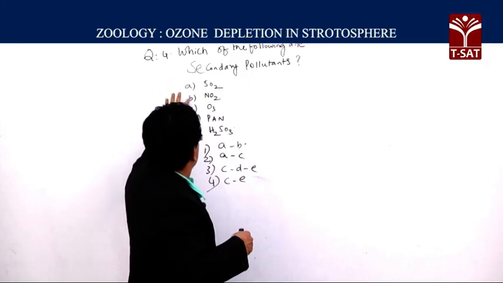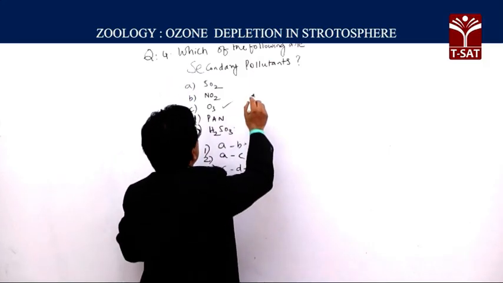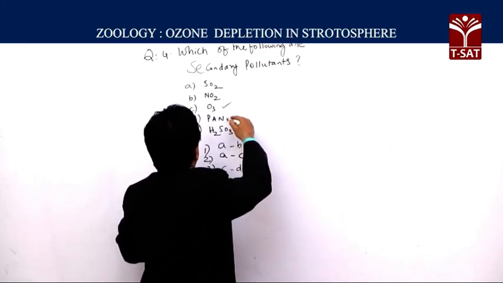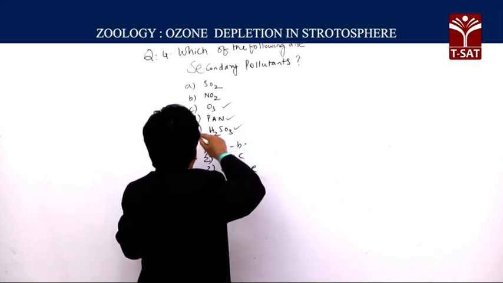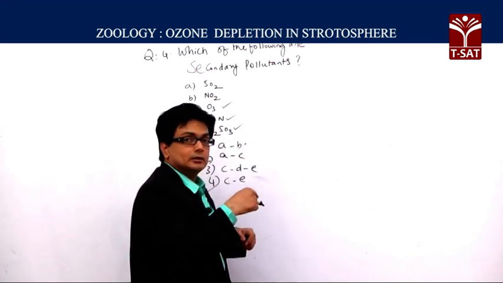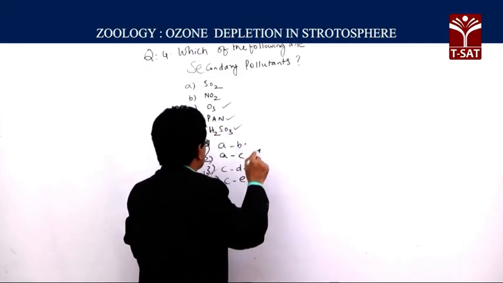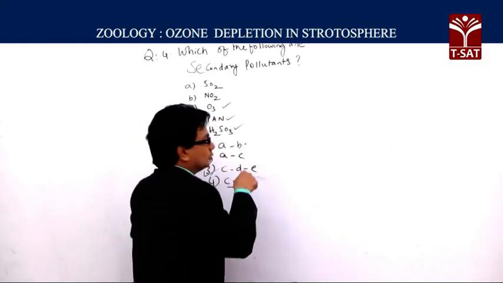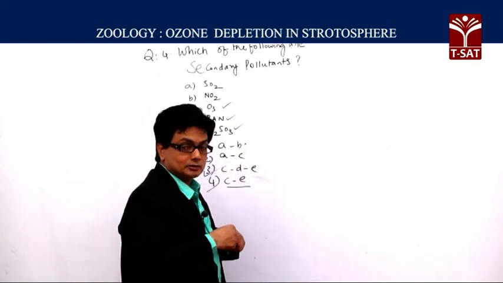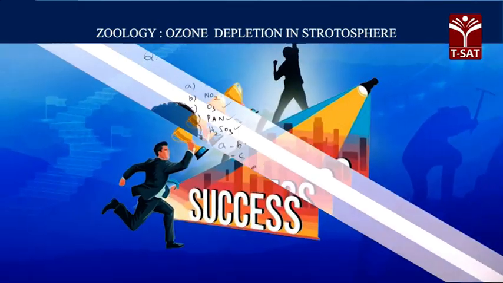So among the list A, B, C, D, E, the answer would be C, that is ozone, D, peroxyacetyl nitrate, and the third one, E, sulfurous acid, is also a secondary pollutant. So the answer will be C, D and E, and that is the third option. And fourth, C and E only will be incorrect, because we have to see the complete set of secondary pollutants. It is C, D and E.